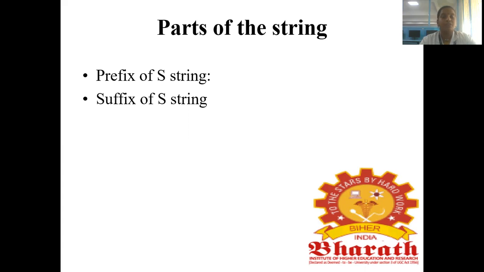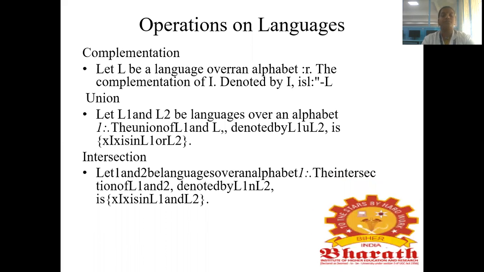Prefix means, for example, you take one string, I take banana, so prefix means BAN, obtained by removing zero or more symbols. Suffix is the same, deleting zero or more leading symbols of S, that is NAN. That is called a prefix and suffix.